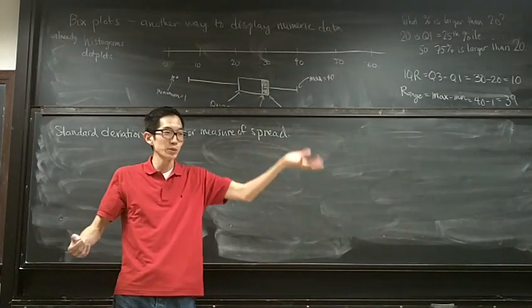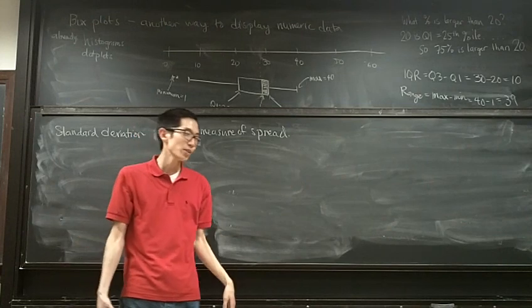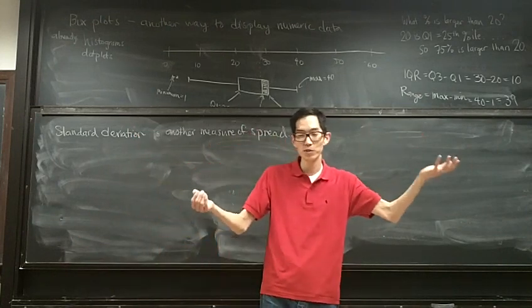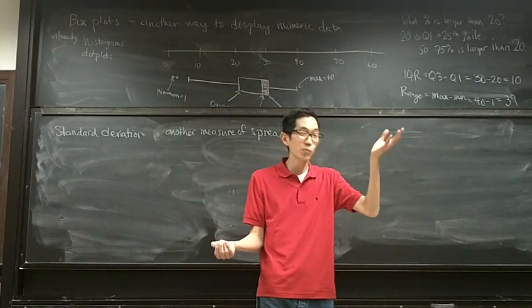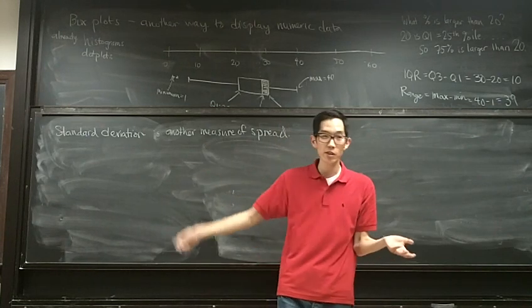The family with a range of 14 had more spread than the family with a range of 4. Or one family, the IQR was this, and the other the IQR was bigger. The family with the larger IQR has more spread than the family with the smaller IQR. Same thing applies for the standard deviation.